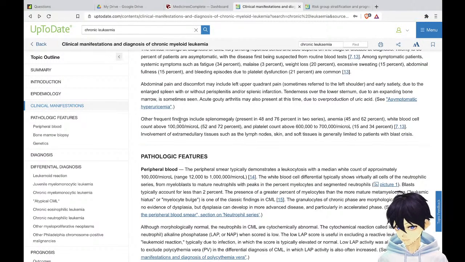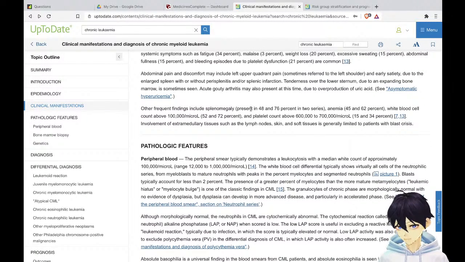Other frequent findings include splenomegaly, present in 48 and 76% in two series, anemia 45 and 62%, white blood cell count above 100,000 in 52 and 72%, and elevated platelet count in 15 and 34%.